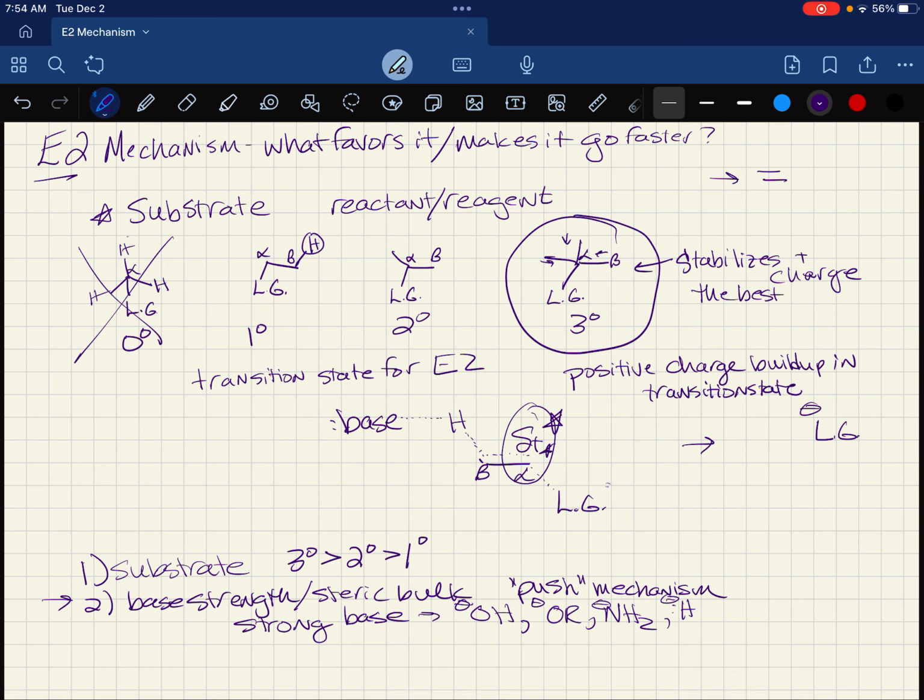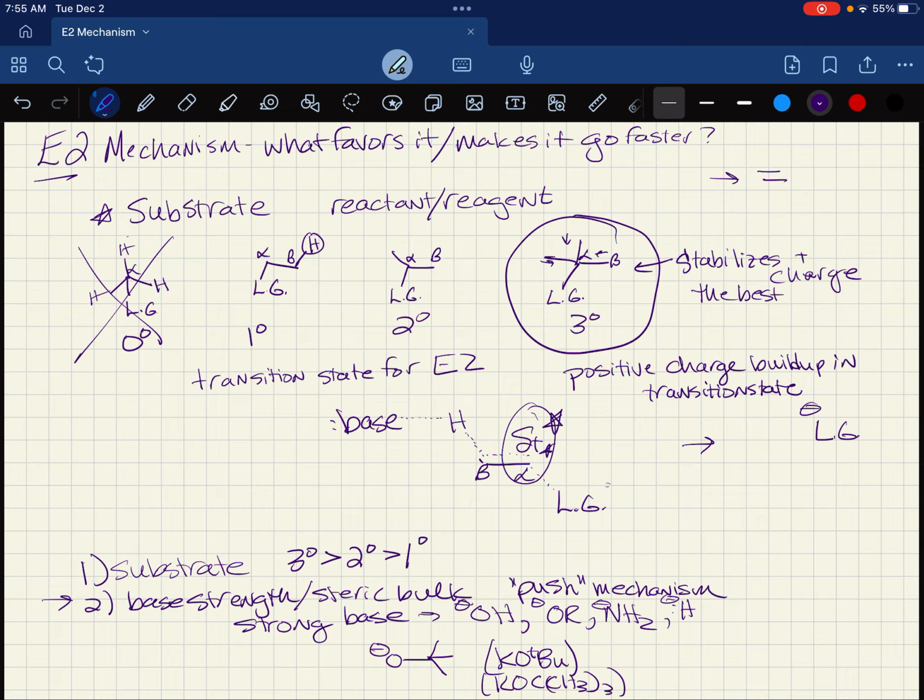There are a couple of special ones that we use a lot with E2. And one of those is potassium tert-butoxide. So you'll see this written KOt-Bu, or sometimes you'll see it written out with the condensed formula, C(CH3)3, something like that.